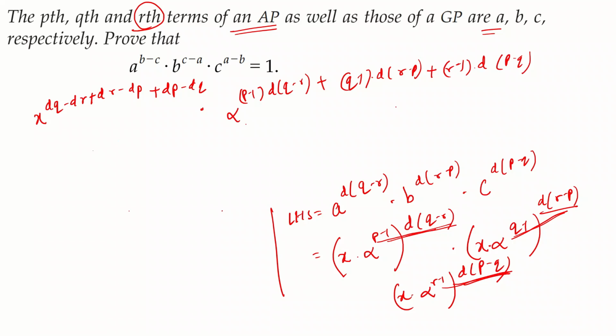So all the powers of X cancel out, and we get X to the power of 0.